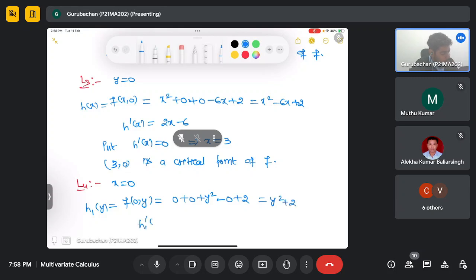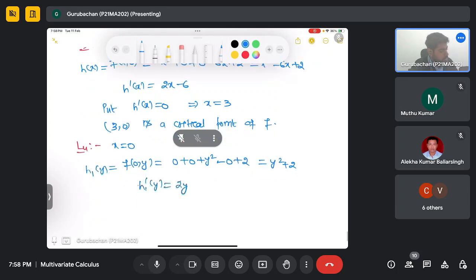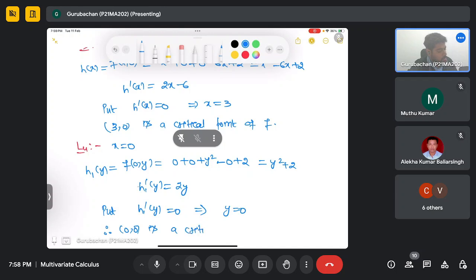So h1 derivative of y will be 2y, which now put equal to 0. This will give us y equal to 0. Therefore, (0, 0) is a critical point for f.